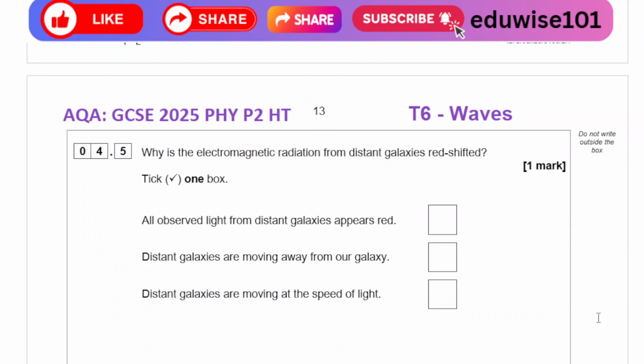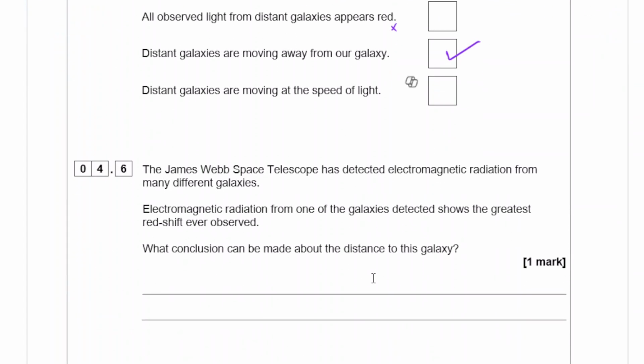Why is the electromagnetic radiation from distant galaxies redshifted? All observed light from distant galaxies appears red. That is not correct. Distant galaxies are moving away from our galaxy. That is true. The James Webb Telescope has detected electromagnetic radiation from many different galaxies.